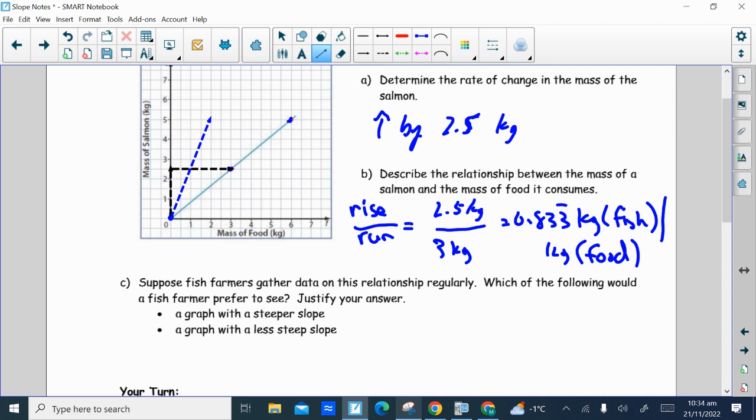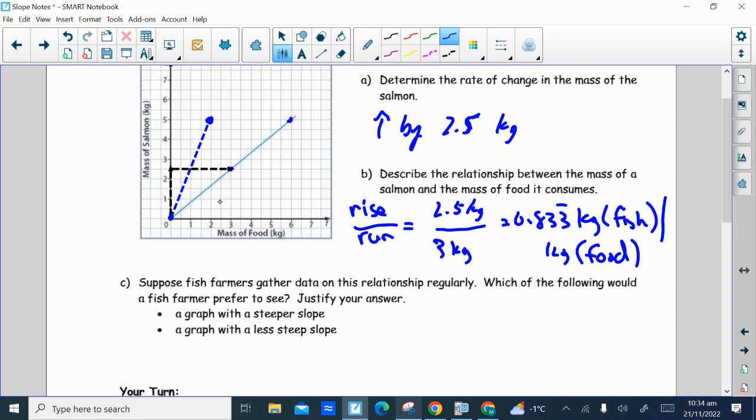So that would mean that if we use this point right here, a fish that is 5 kilograms only uses 2 kilograms of food. Whereas the line that we have here would show that a fish of 2.5 kilograms would use way more food, 3 kilograms.